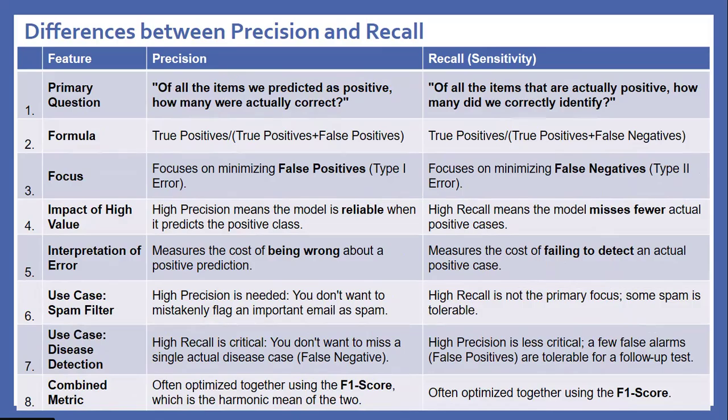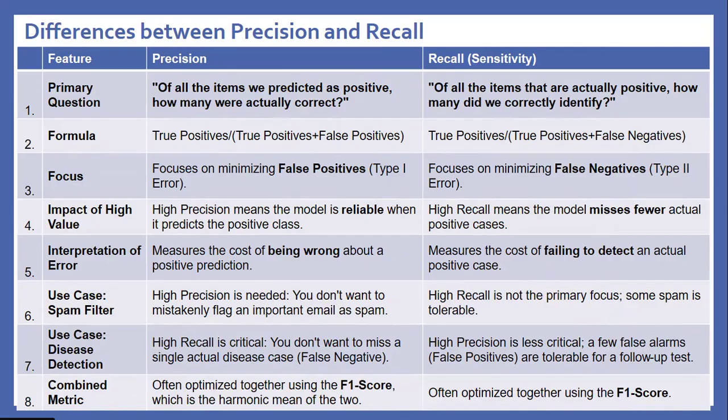Moving to the question: difference between precision and recall, sensitivity. Primary question: precision, of all the items we predicted as positive, how many were actually correct? In recall, of all items that are actually positive, how many did we correctly identify?